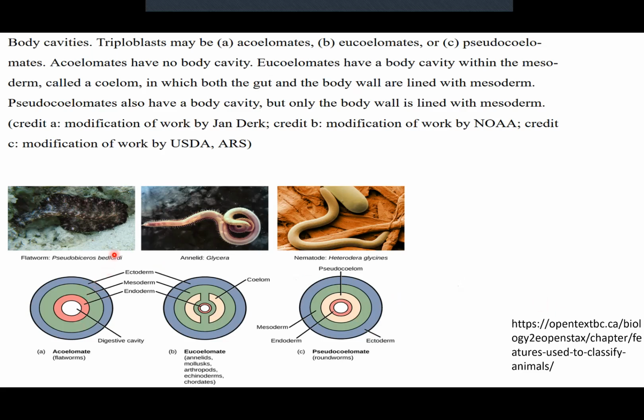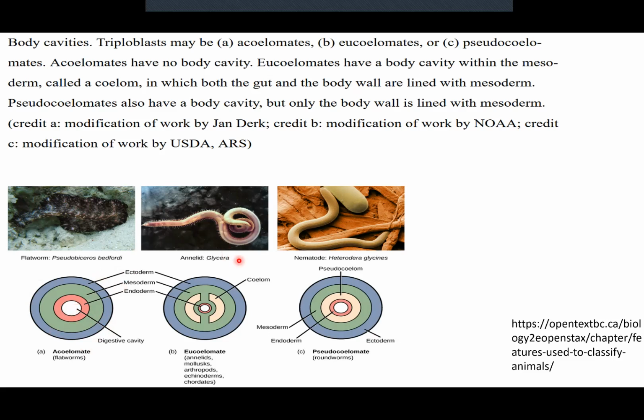So on the left, we have a flatworm, which does not have a coelom. So you can see it is a triploblast. It has an ectoderm, a mesoderm, and an endoderm, but other than the digestive cavity in the very middle, it does not have a coelom.